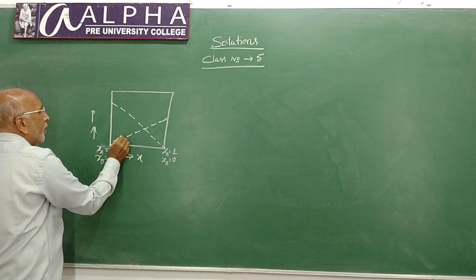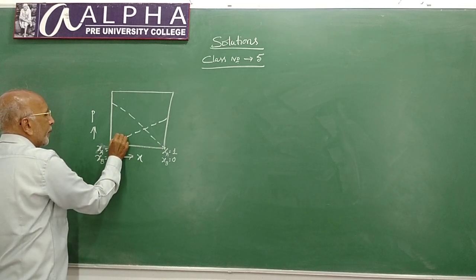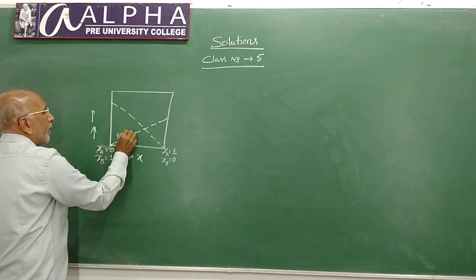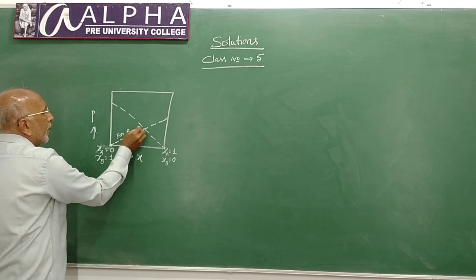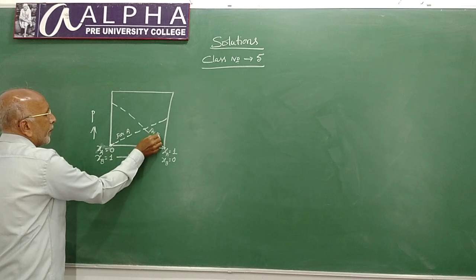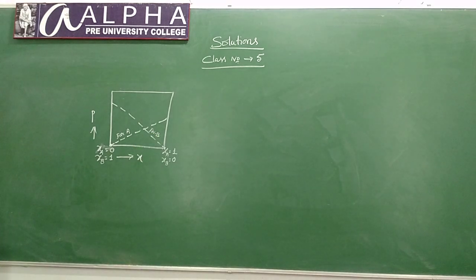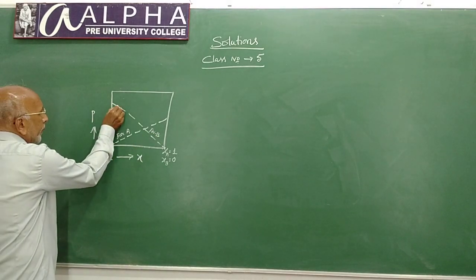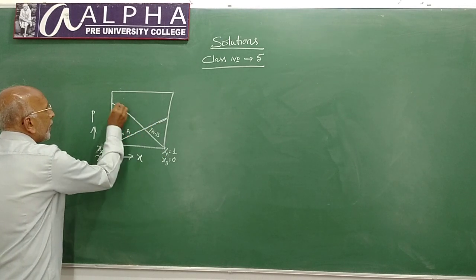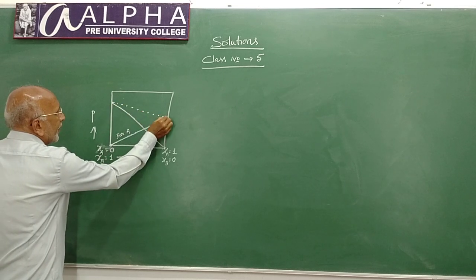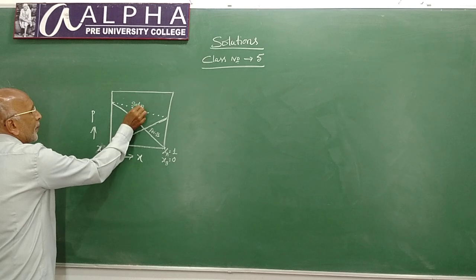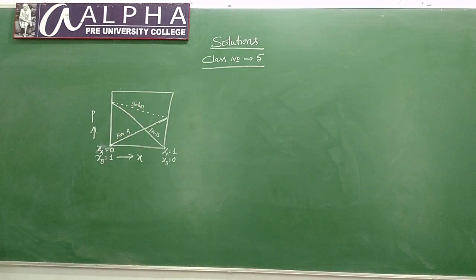This is for component A, and this is for component B. This plot is for the solution.